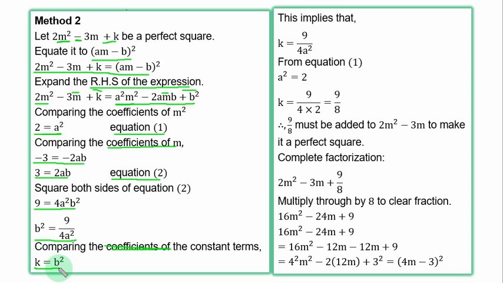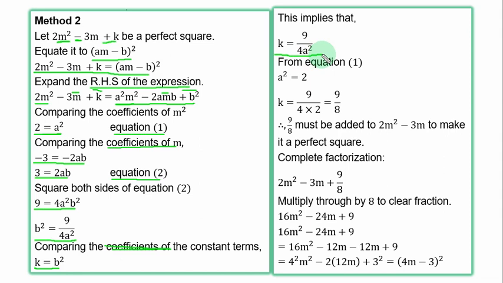From equation 2, when we square it, we have b squared equal to 9 over 4a squared. Since k is equal to b squared, it implies that k is equal to 9 over 4a squared. You see what happened there now?